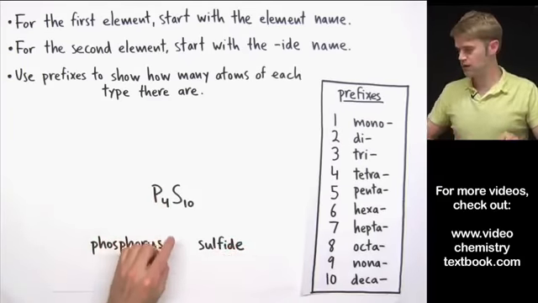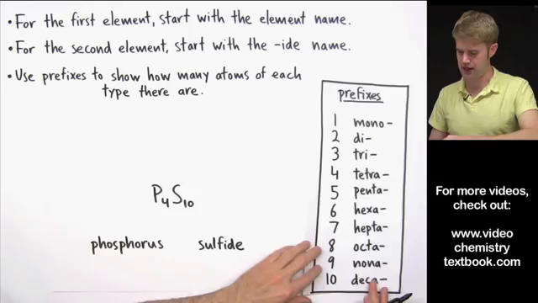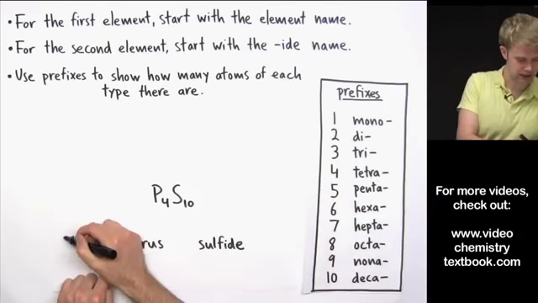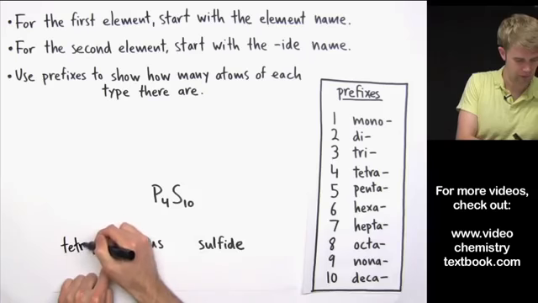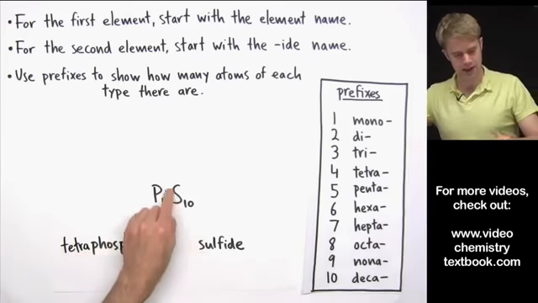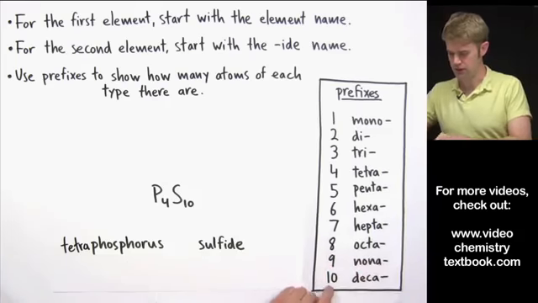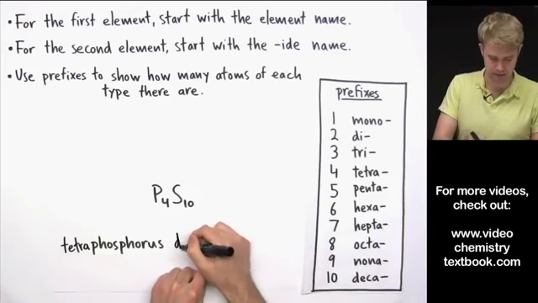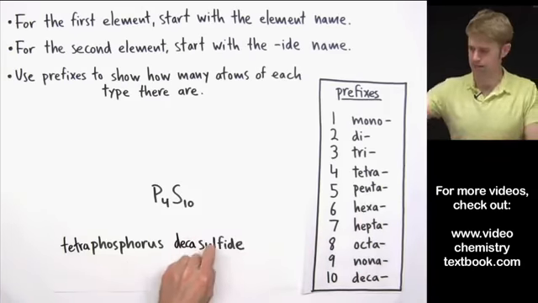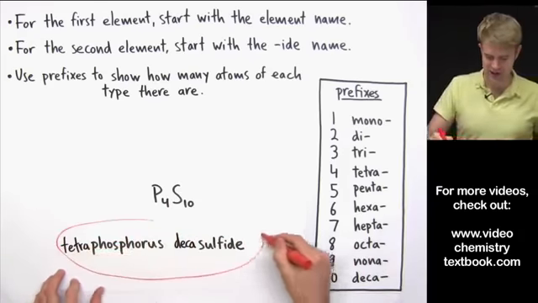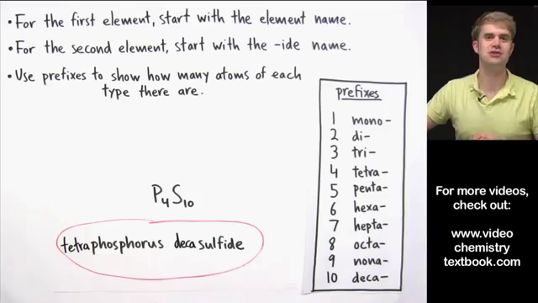We got P4, so that means we have four phosphorus atoms. So 4 is tetra. And then for sulfide, we got 10, so we'll use the prefix deca. So the name of this compound is tetraphosphorus decasulfide.